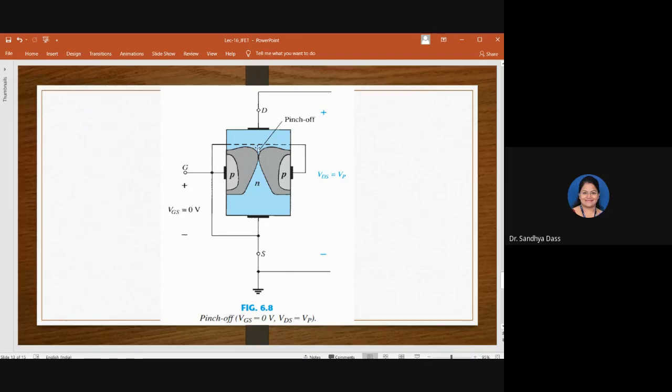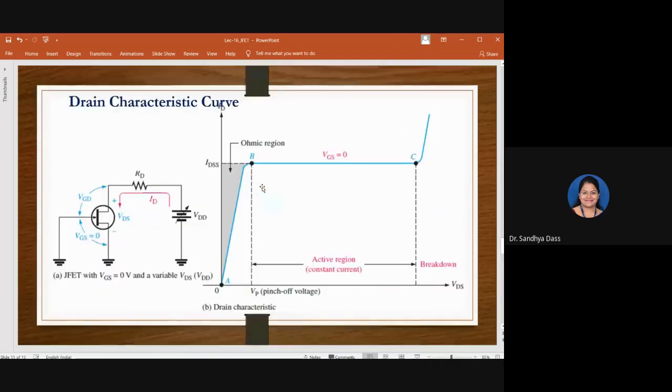All right, so that gives us the drain characteristics. To get these drain characteristics, this is your circuit diagram. We have taken the N-channel JFET, and the voltage applied across gate and source is zero.